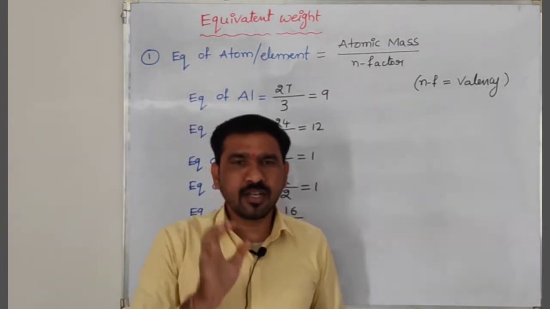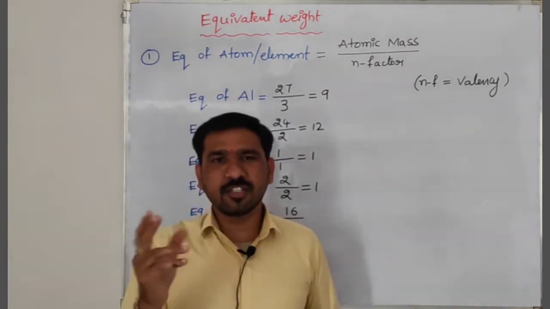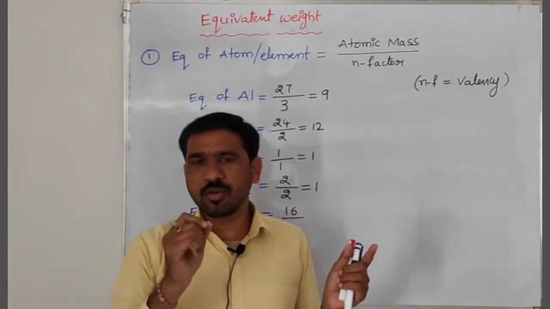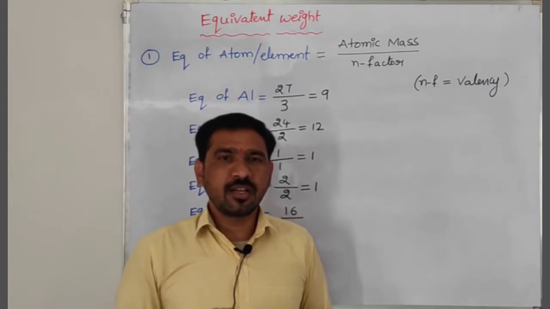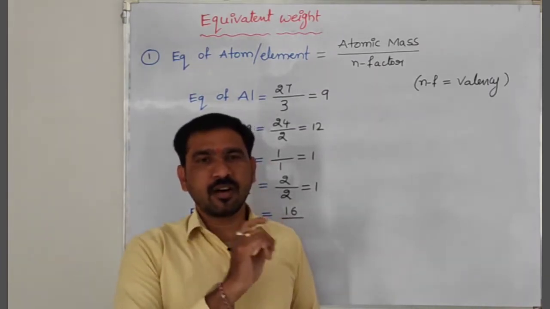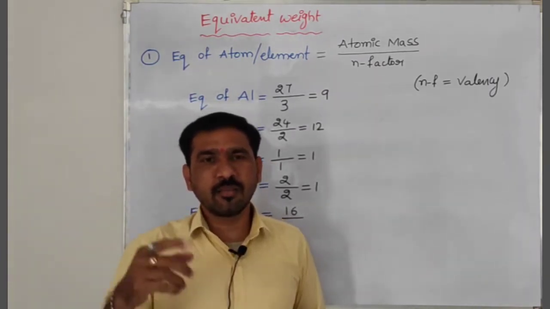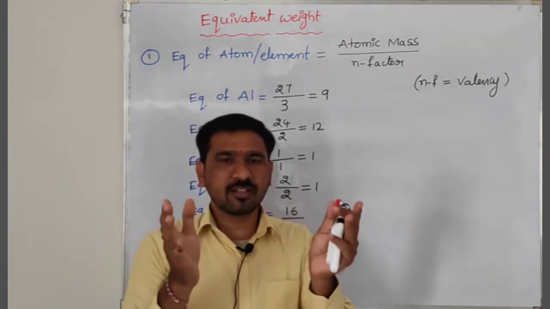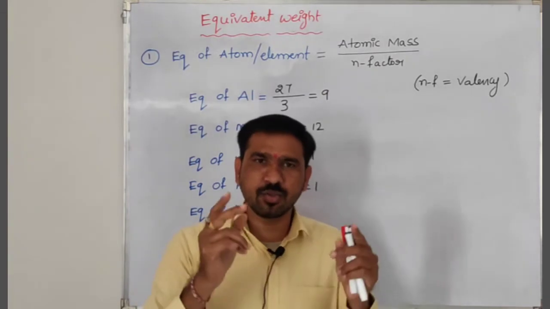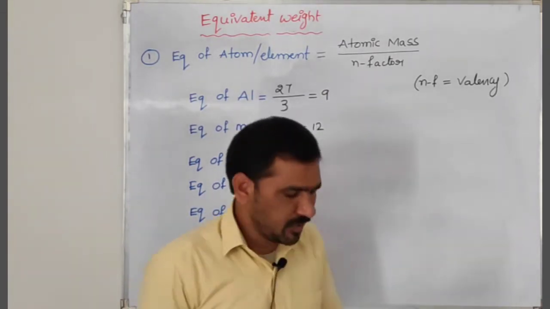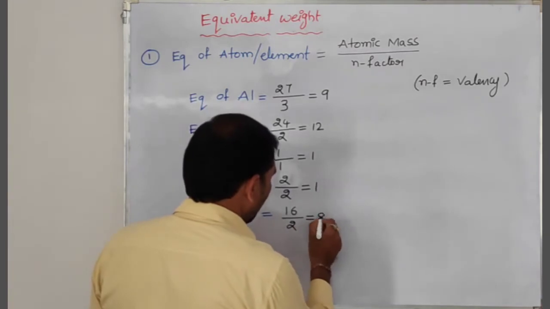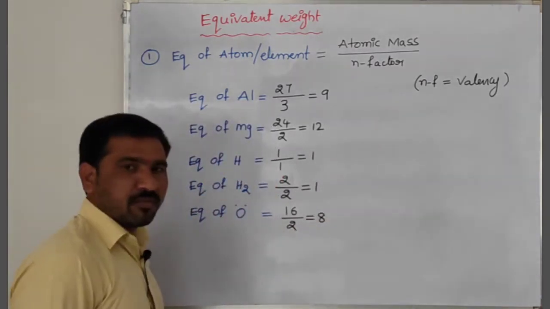It depends on the number of electrons difference between the test atom and the nearest zero group element. So the nearest zero group element of oxygen is neon. Its atomic number is 10, and oxygen atomic number is 8. How many electrons difference between these two? 2 electrons. So n factor of oxygen is 2, that's it, right? So 16 divided by 2 is equal to 8 grams. 8 grams is the equivalent weight of oxygen.